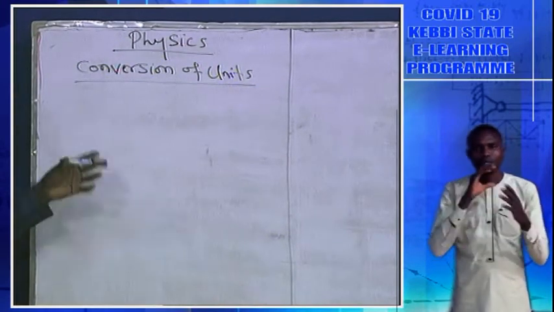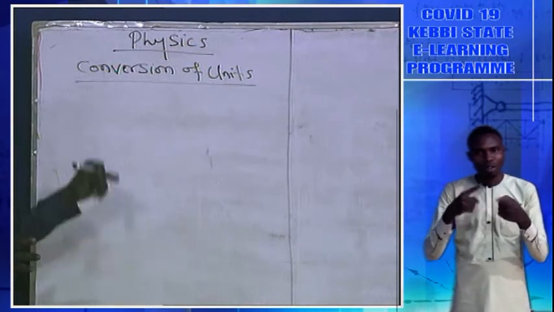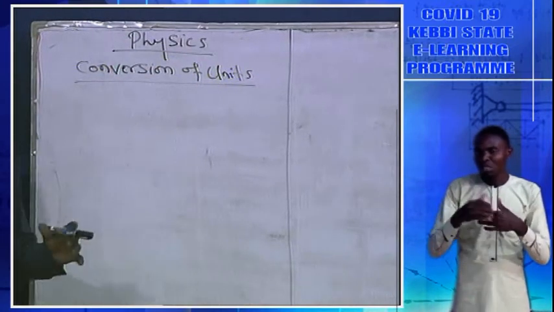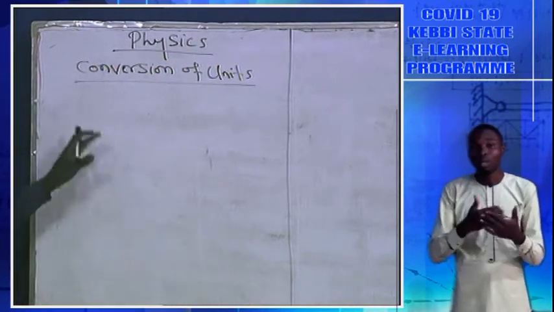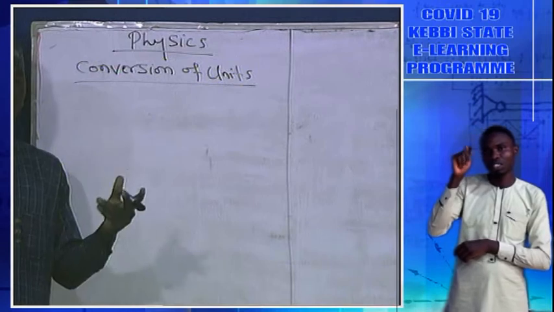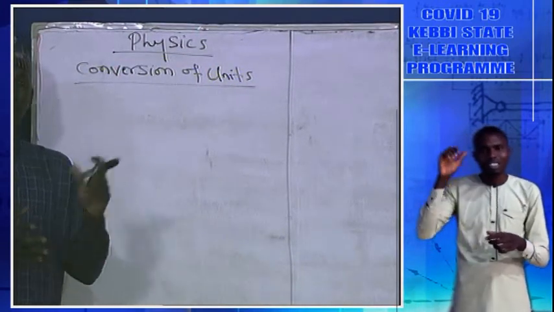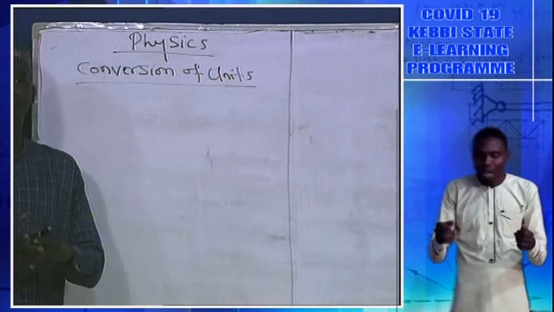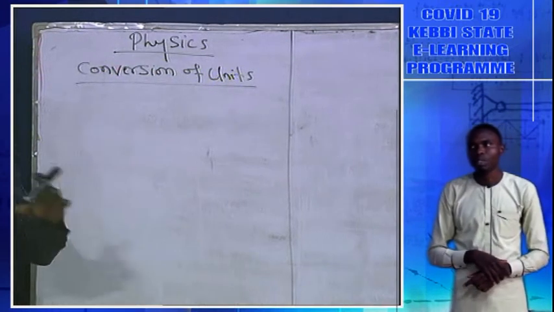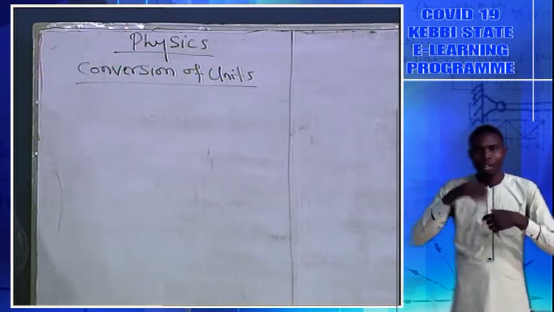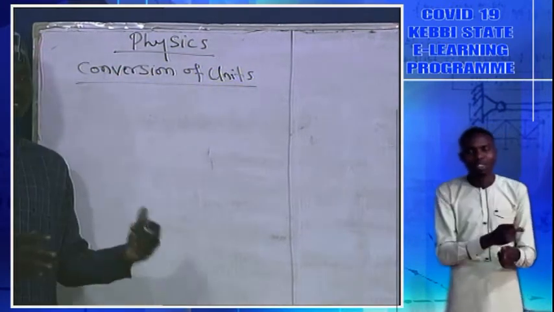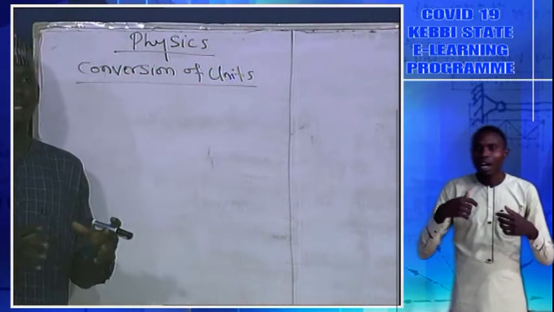Last time we discussed different classifications of meter and different conversions of meters, where we said that meters are classified into various classes. We have millimeters, centimeters, and decimeters, which are less than a meter. After that, we have the meter, which is our standard unit for measuring length, or simply the System International, SI unit.